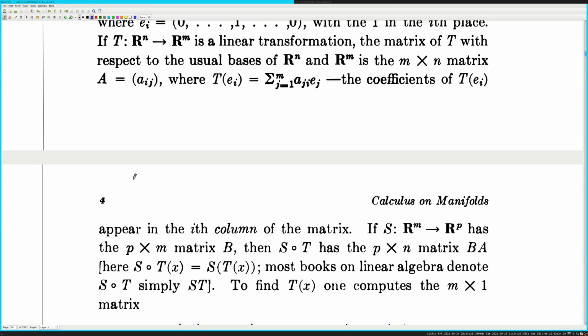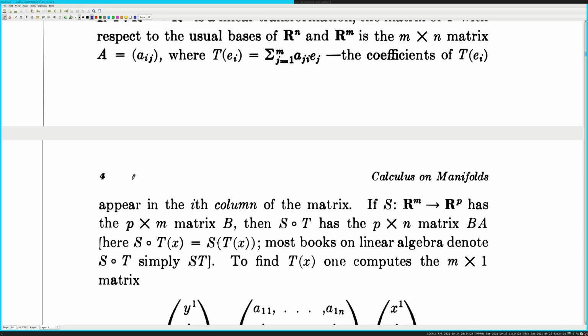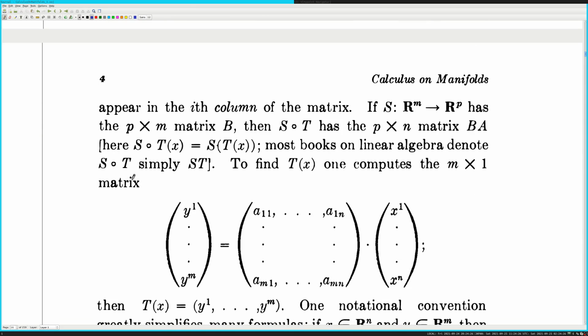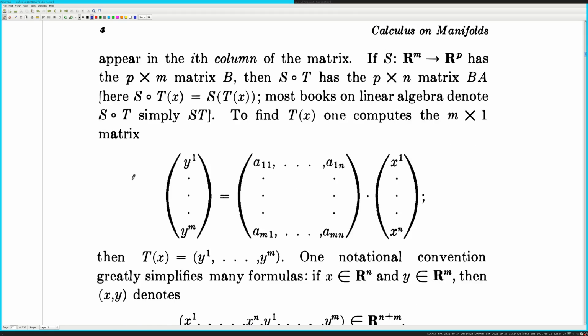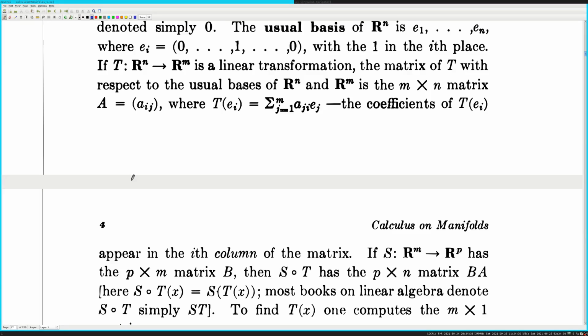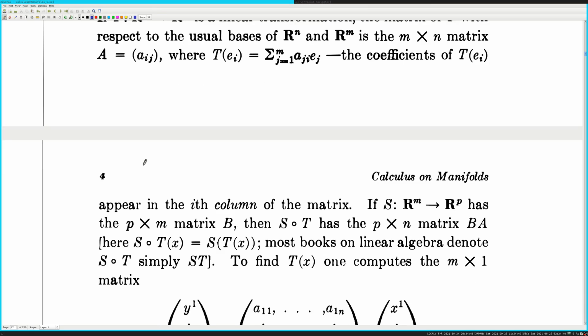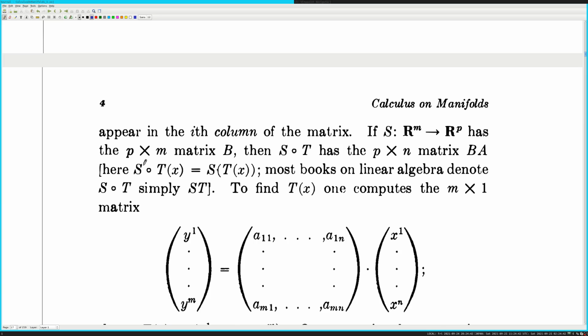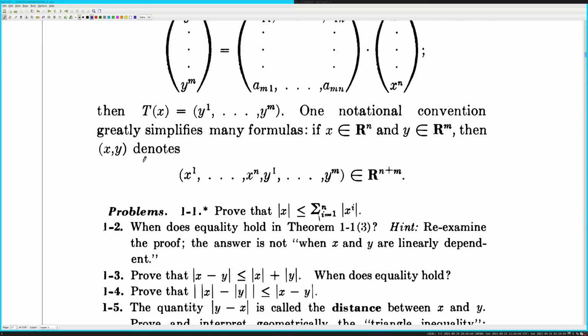I don't feel like... okay, we know how to multiply matrices. We all know what matrices are.